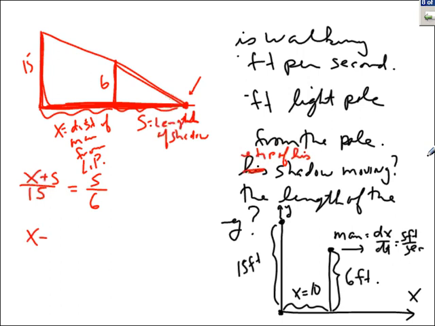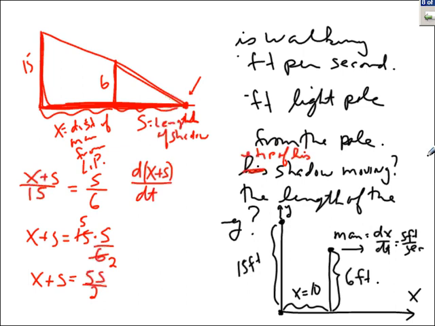So we know that x plus s is equal to 15 times s over 6. And I think 3 goes into both of these numbers 5 times and 2 times. So we know that x plus s is equal to 5s over 2. So the derivative of x plus s with respect to t is equal to 5 over 2 ds/dt. Now, the question is, do we know what ds/dt is?